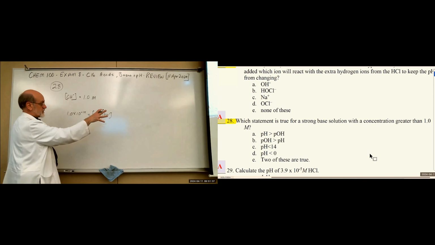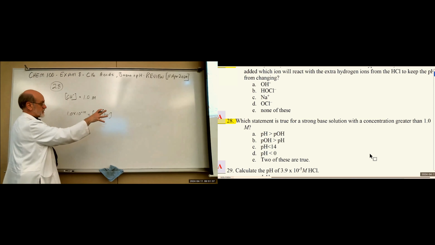So everything we put in solution ionizes. Well, actually, it dissociates. What I mean by dissociates means even in this compound, it has positive sodiums and OH negatives. So all it has to do is break apart.